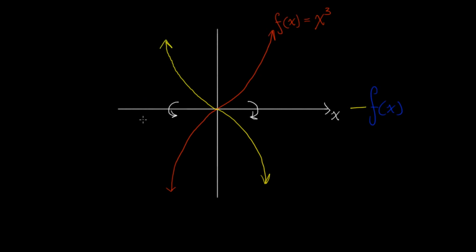And interestingly, this goes like that, and this goes like that. So interestingly, we have the graph of x cubed here. Its reflection about the x-axis looks the same as its reflection about the y-axis.